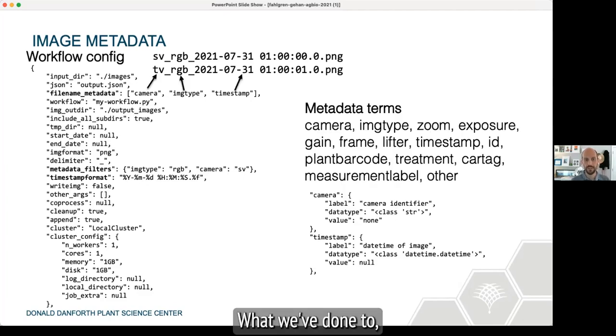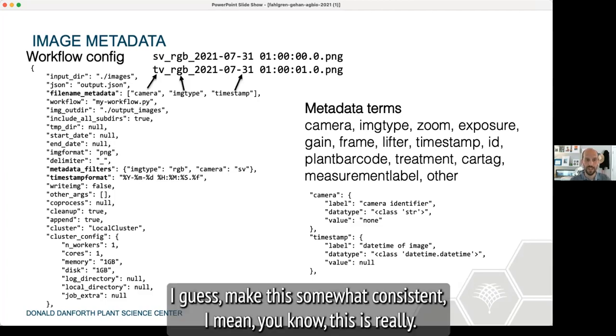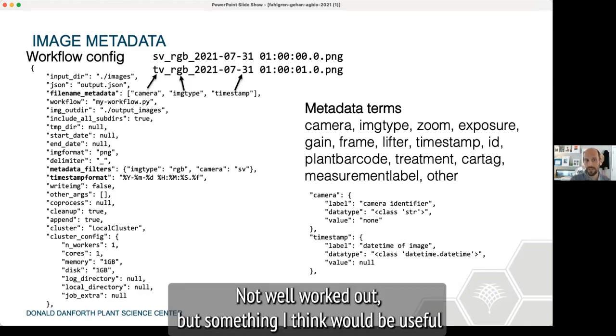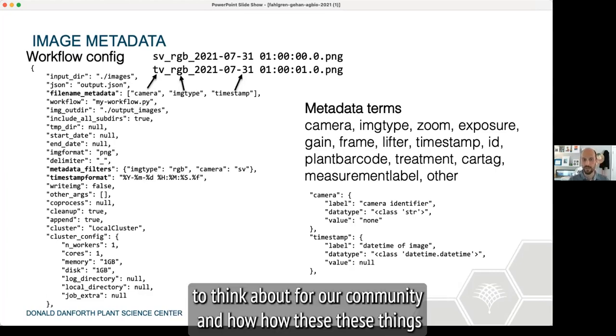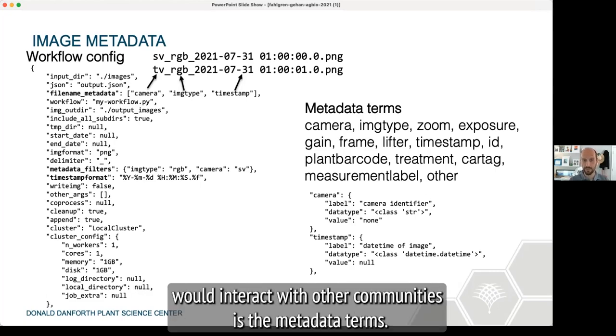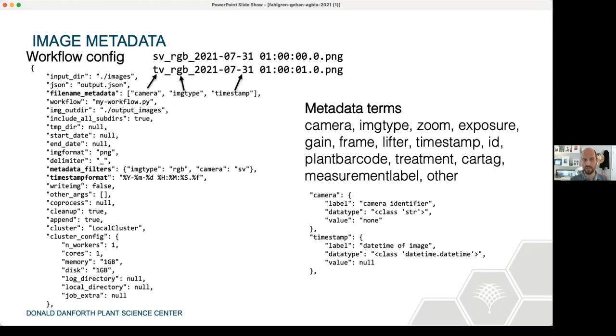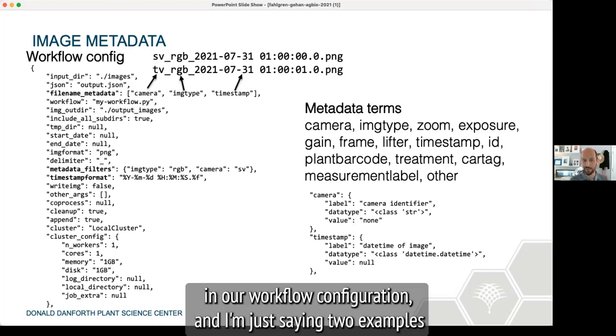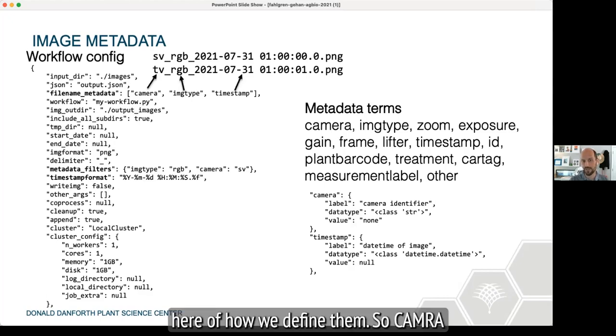If you click next, what we've done to make this somewhat consistent is something that is really not well worked out, but I think would be useful to think about for our community and how these things would interact with other communities: the metadata terms. We have a controlled vocabulary for what terms can be encoded in the file names, and how we extract the metadata. These terms are defined in our workflow configuration, and I'm showing two examples here of how we define them.